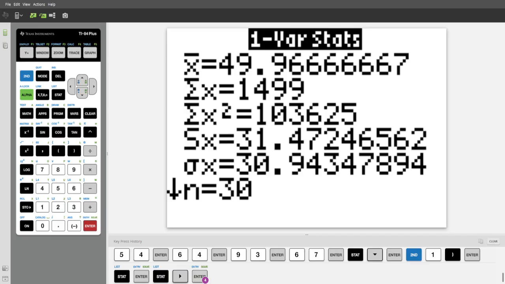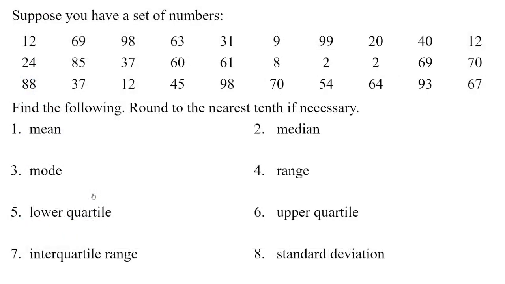It says 49.96666667. But they want you to round it to the nearest tenth. So therefore, rounding the mean to the nearest tenth, it should be 50.0. Therefore, your solution is 50.0.